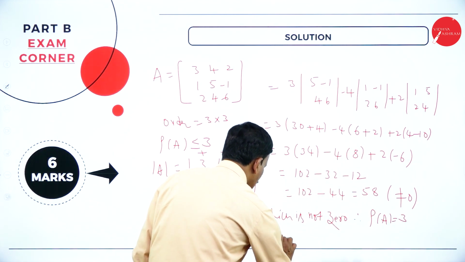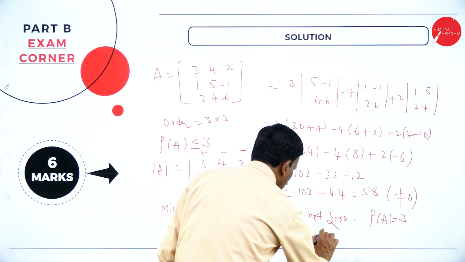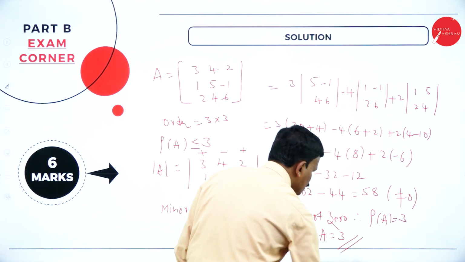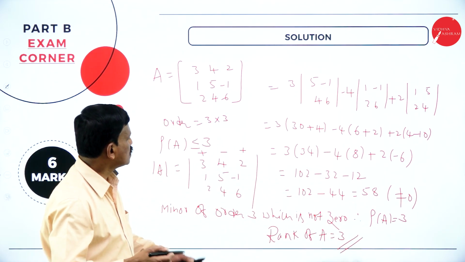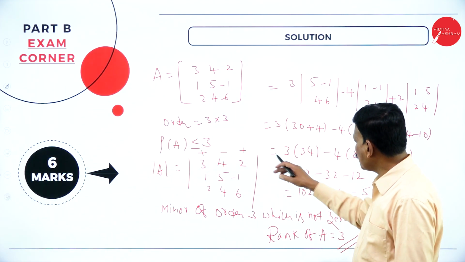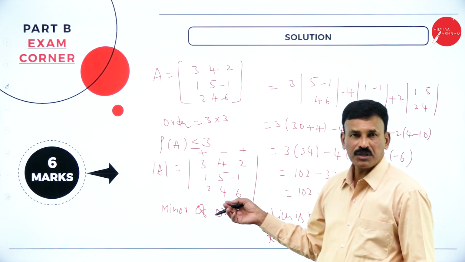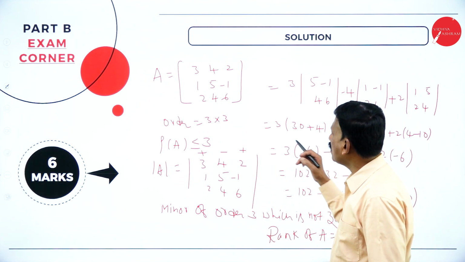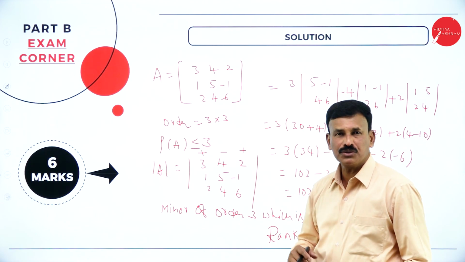That's it. If you do this much, definitely you will get 6 marks. So, there is a minor of order 3 which is not 0, determinant of A is not equal to 0. Therefore, the rank of this matrix is equal to 3.